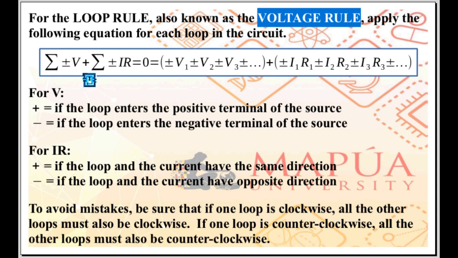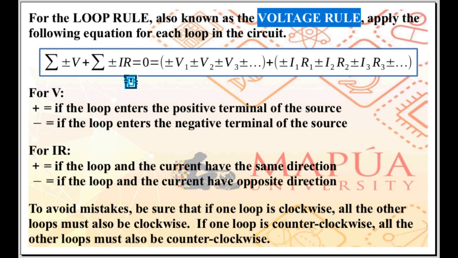For V, use plus if the loop enters the positive terminal of the source. Use minus if the loop enters the negative terminal of the voltage source.